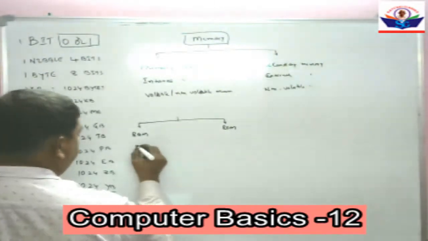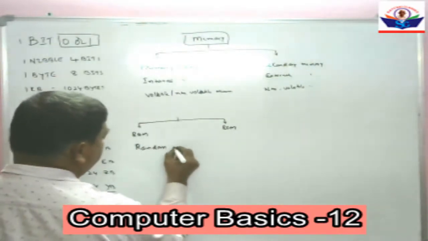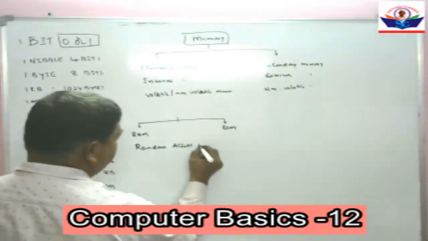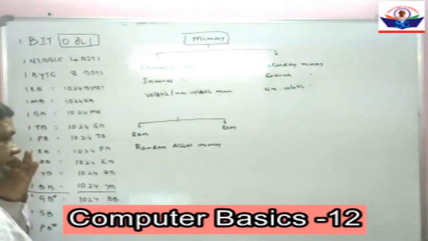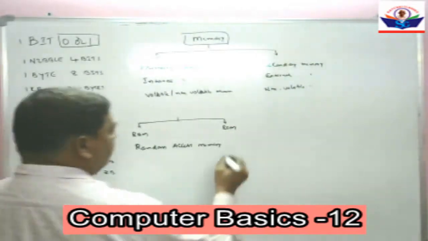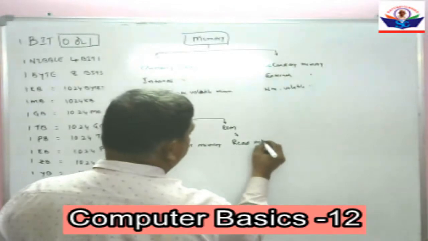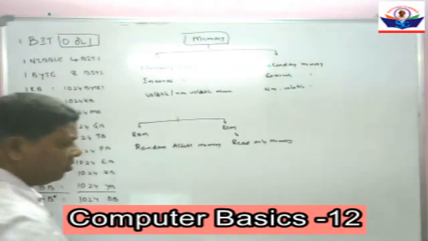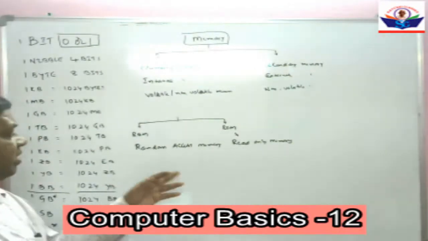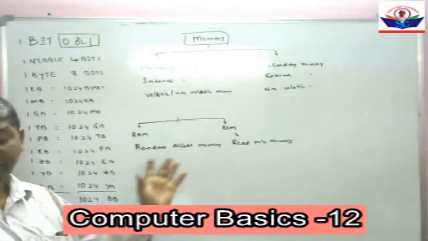RAM stands for random access memory. ROM stands for read only memory.